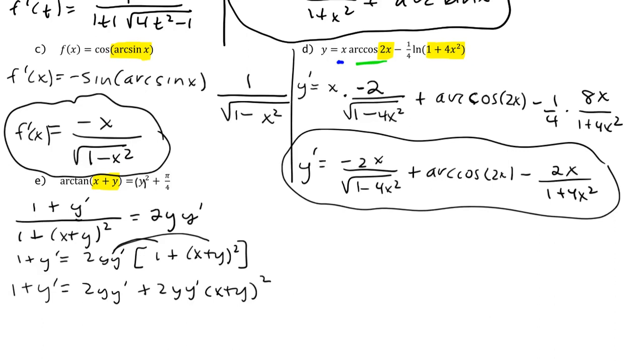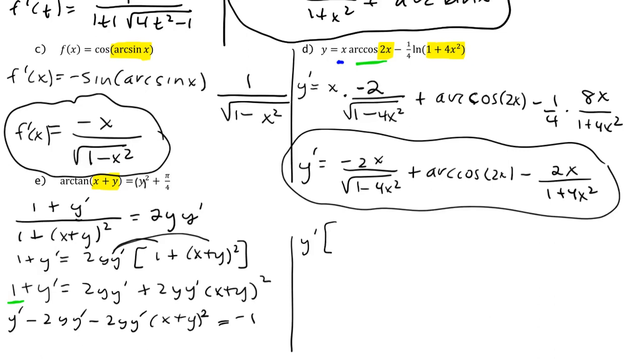I now want to put all y primes on one side. So I'm going to leave this y prime on the left, and I'm going to subtract 2y prime. I'm going to subtract a 2y prime x plus y squared. And then this 1, I'm going to subtract to get a negative 1 on the other side.